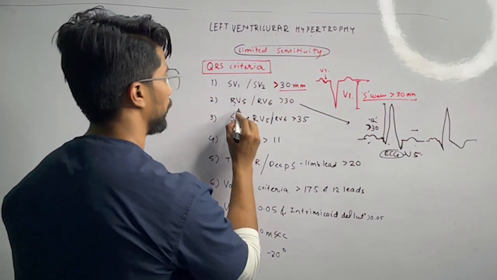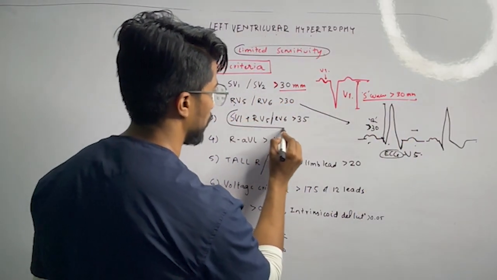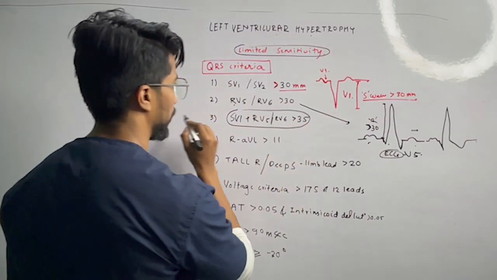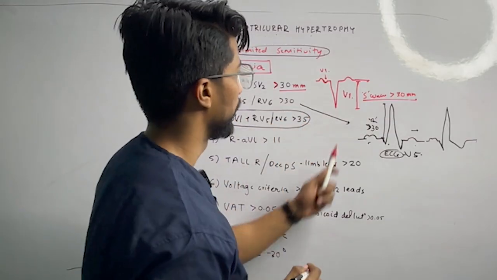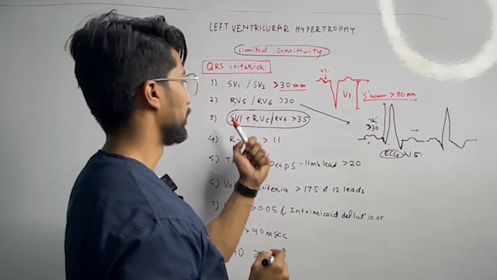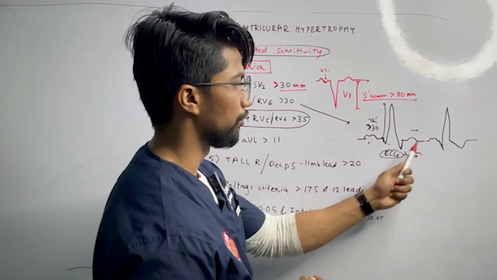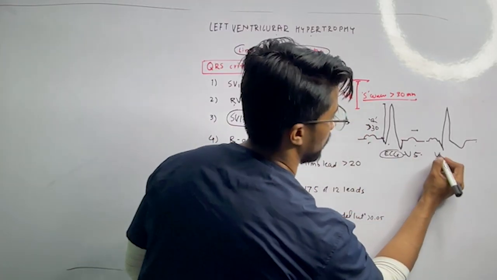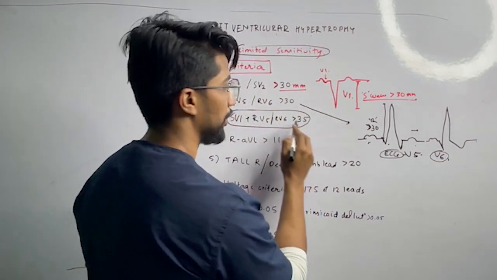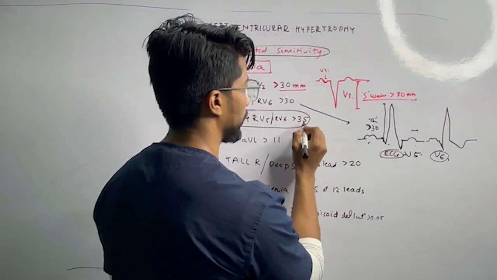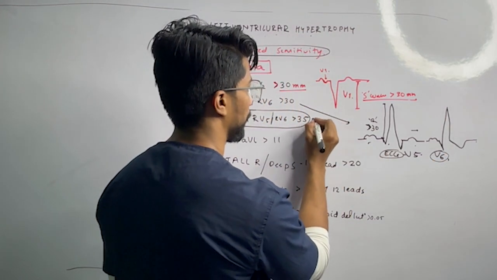Now we move on to the third criteria, which is the most famous one and everyone knows about it. This is when you add the S in V1 and the R in V5 or V6. Let's say this is V6. The sum of S in V1 and R in V6 is going to be more than 35 mm.